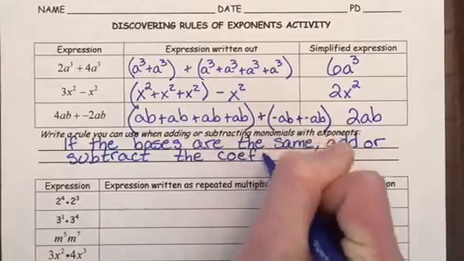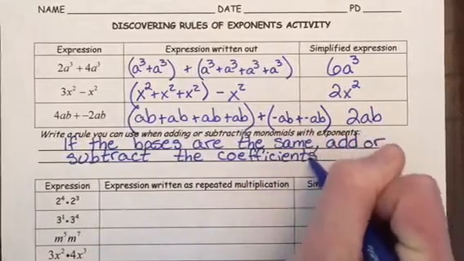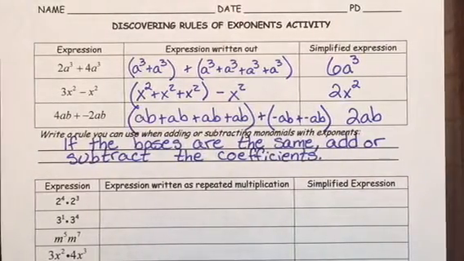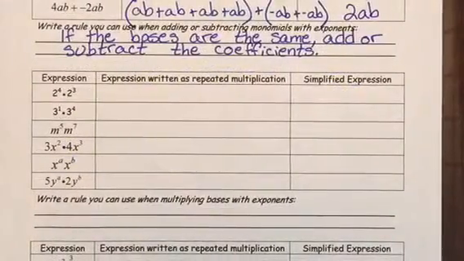Remember, we talked about what bases and coefficients are. So basically we're saying, do we have the same base and exponent, okay? Okay, so let's move on to the second section.